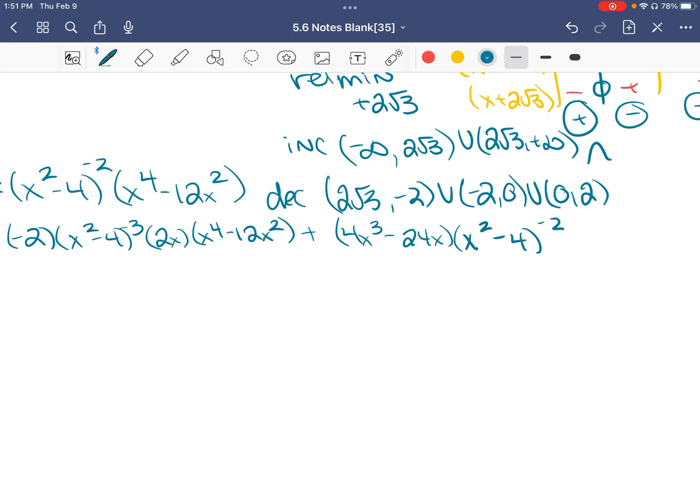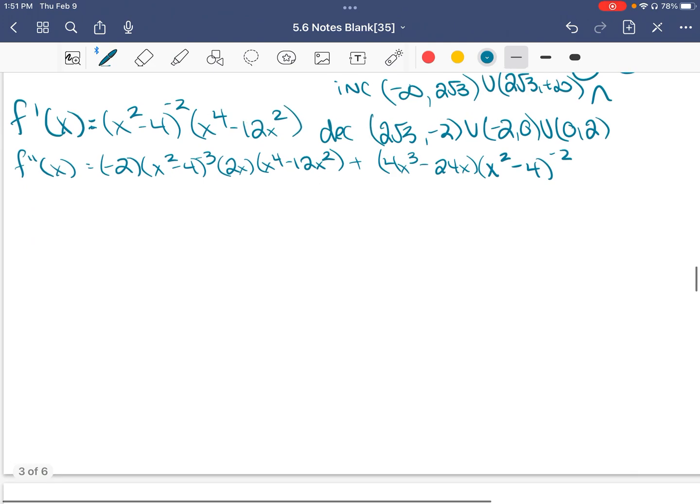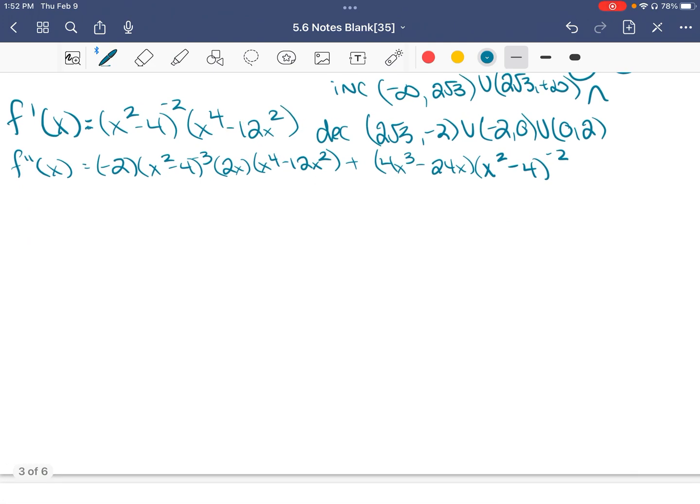I'm just going to double check that I did that right before we go on again. Okay, so far so good. So now we're going to take out some common factors. I'm going to take out a negative 4.